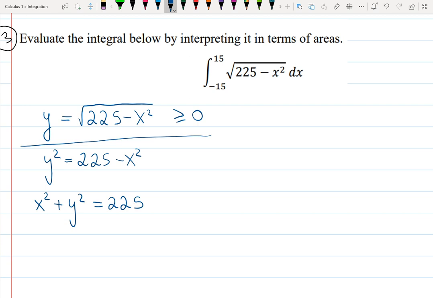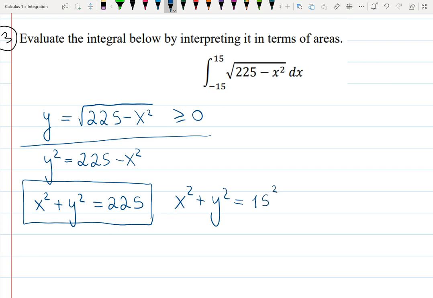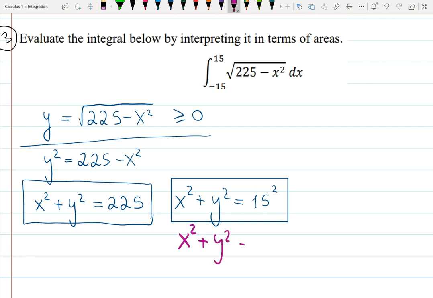Does this remind you of anything? Maybe something from geometry? Well, that's a circle. A circle centered at 0, and the radius is 15. Because the formula for circles centered at the origin is x squared plus y squared equals radius squared.